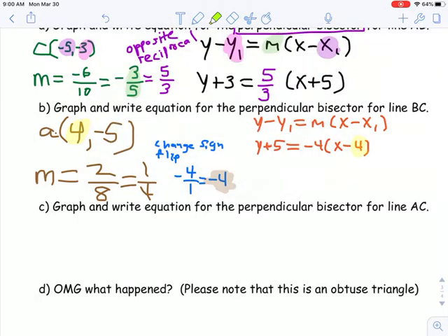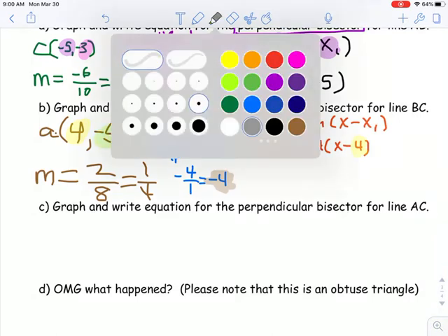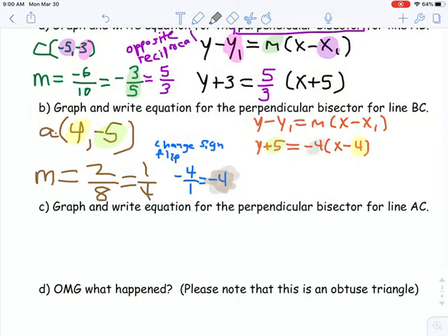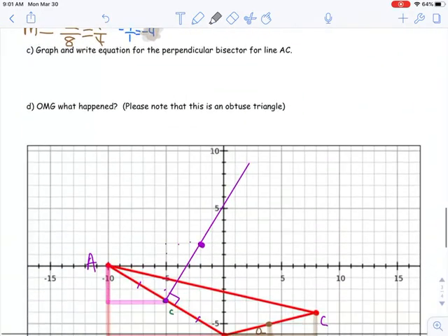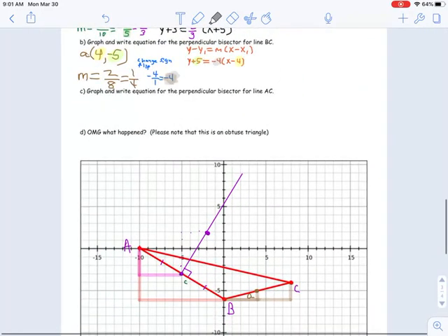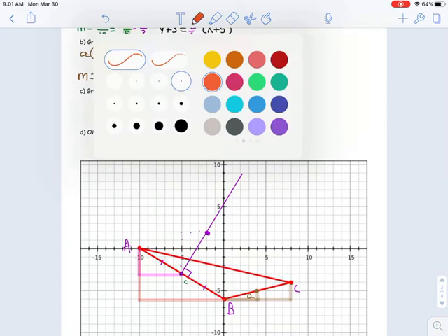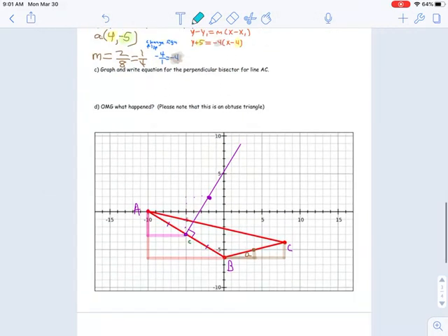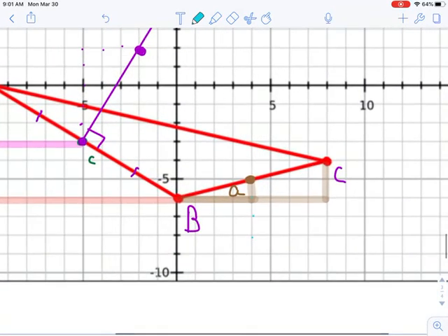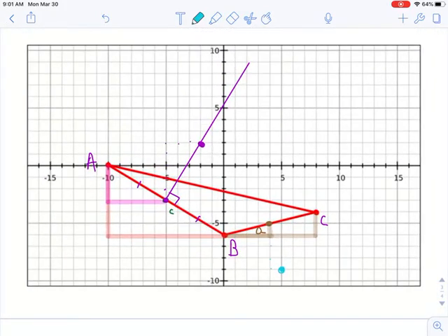Same thing with this y, and then the slope, you don't have to change the sign, you just plug it in. Alright, so really from point A, I'm counting a slope of -4. So that means I'm going to go down 4, right 1. And then boom, make a line.